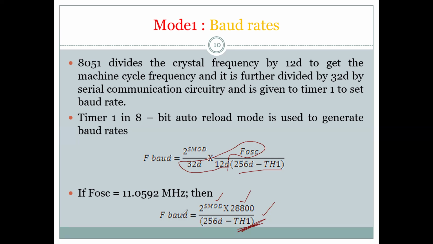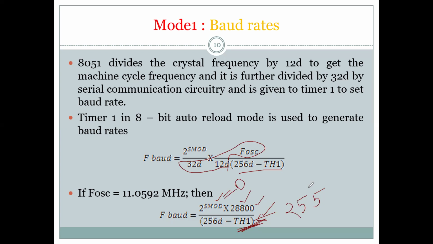Let us suppose I take TH1 as 255. Then 256 minus 255, because in TH1 the maximum that you can load is FF, is equal to 1, and assuming SMOD is equal to 0, your F baud is 28800.